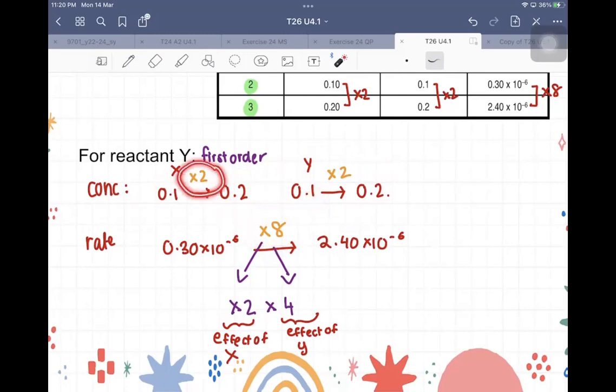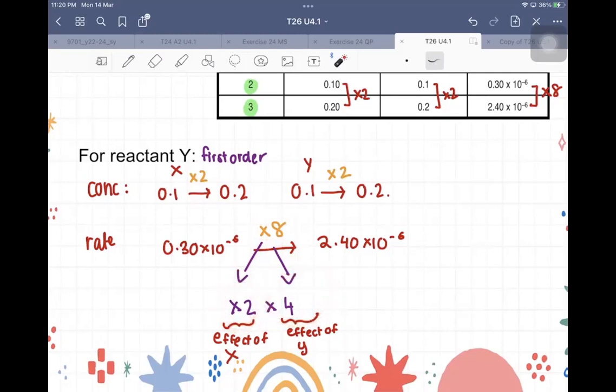However, we already know that x is first order. So if I increase my x by 2, my rate should also go up by 2. That means this times 8, I break it down into the individual effect of x, which is times 2, and the remaining must be the effect of doubling the concentration of y.